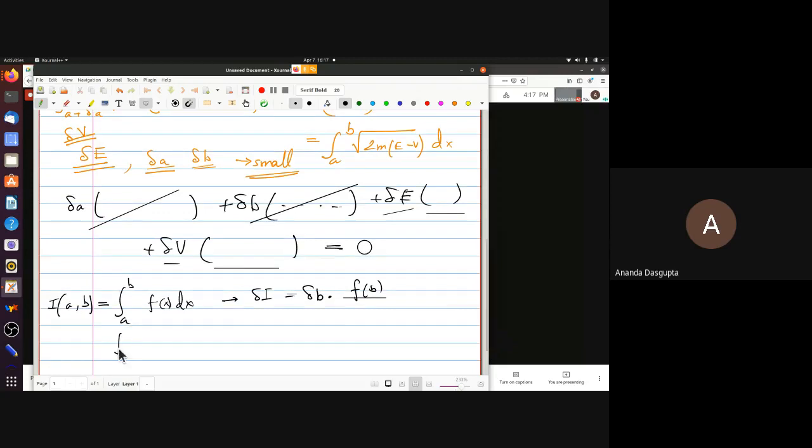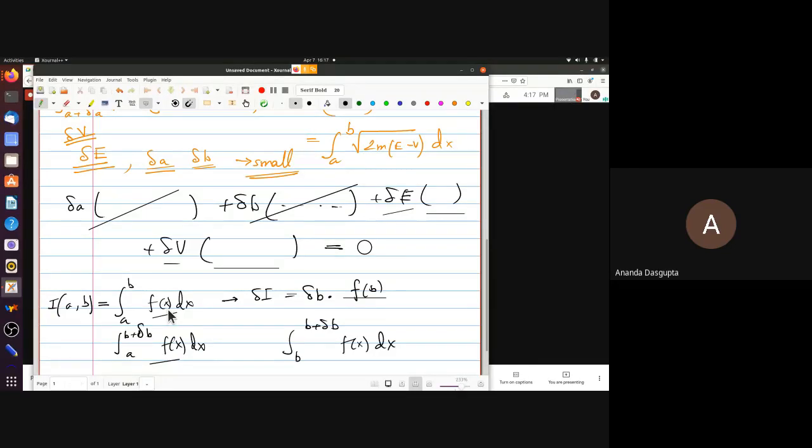All you do is, if you change B to B plus delta B, let's say, then you're really doing this integral, right? So what is the difference between the two? It's really nothing but the integral from B to B plus delta B of f(x) dx. That's the difference between this one and this one. And if the interval delta B is small enough, now I'm deviating from pure or proper mathematics, but I'm just giving an argument which can be formalized if you want.